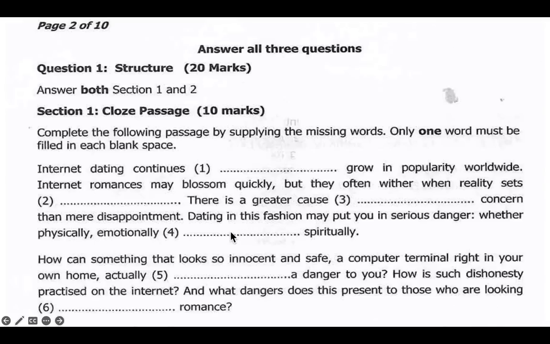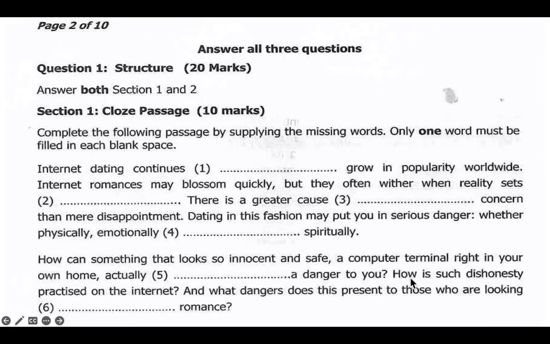So I can feel the word that should be applied here is "or", because of the term whether. How can something that looks innocent and safe, a computer terminal right in your own home, actually be a danger to you? You can even feel that "actually be a danger to you" is the word that we can apply.